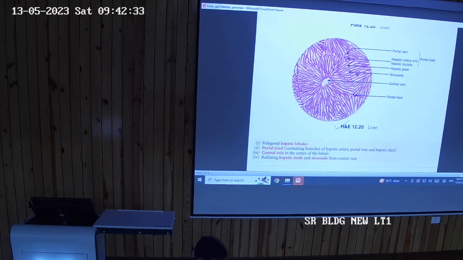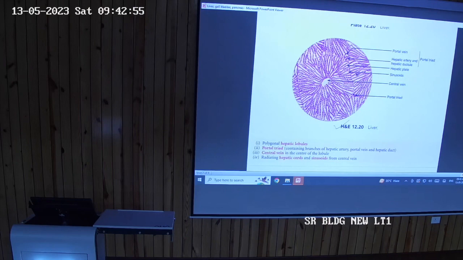The liver is surrounded by a connective tissue capsule, and that connective tissue capsule is called Glisson's capsule. The septa passing inwards divide the liver into lobules. You can see this is one lobule, this is another lobule.